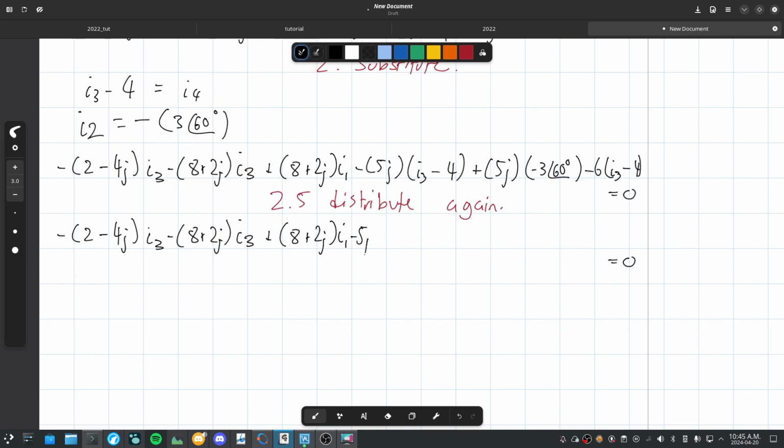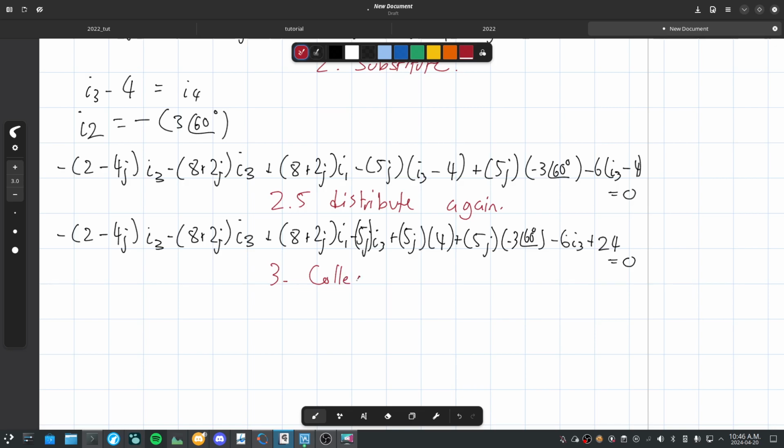Now we have negative 5j I3, or this is going to be plus 5j, 4, plus, this part is unchanged, 5j, negative 3 with phasor of 60 degrees, minus 6 I3, plus 4 times 6. What's 4 times 6? 24. So here's our substituted equation. Now we can move on to step 3.